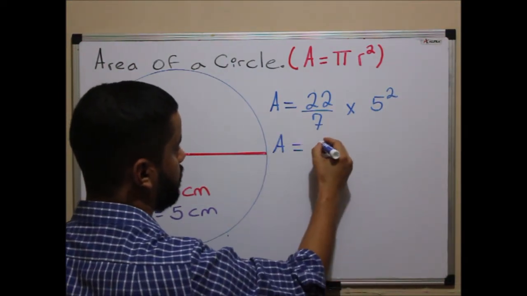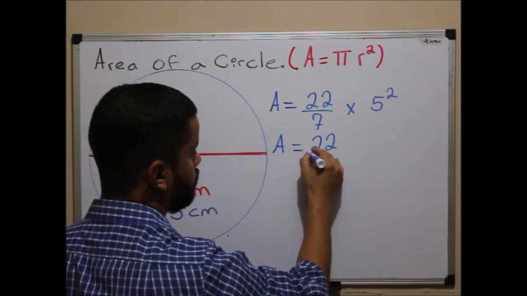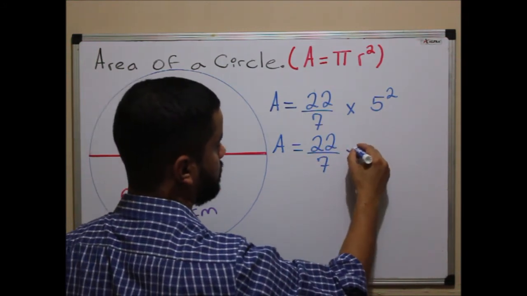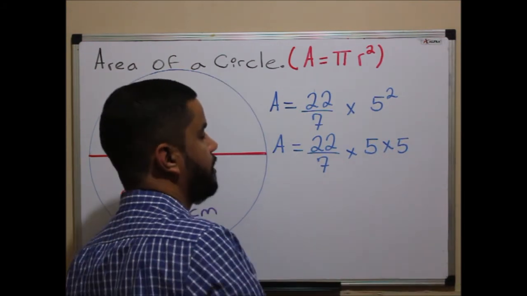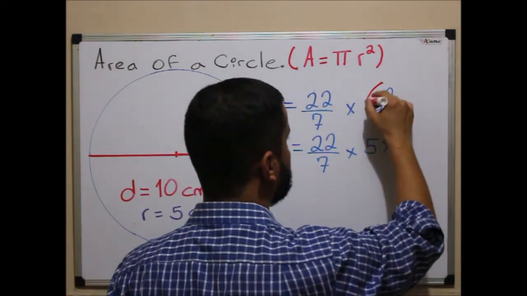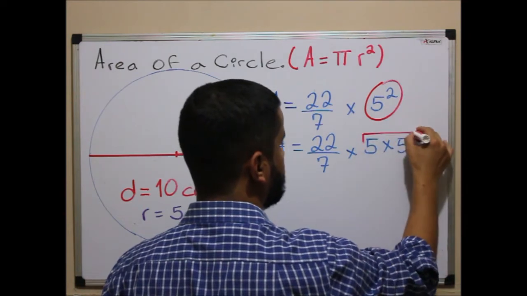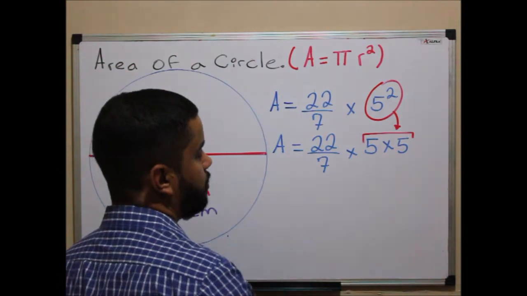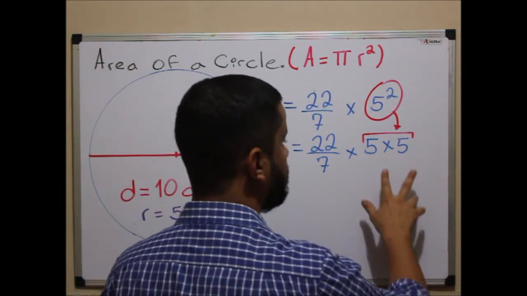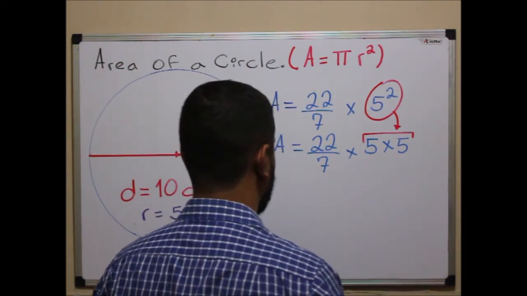Area will be equal to 22/7 times 5 times 5. Remember that this 5 squared is 5 times 5, which will be written in this way, having the number twice.